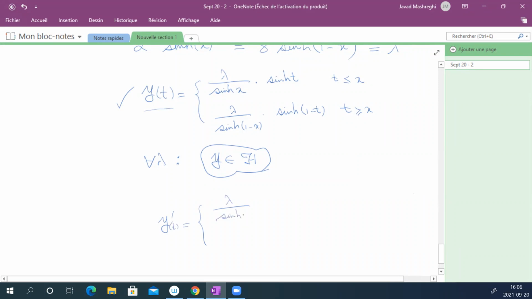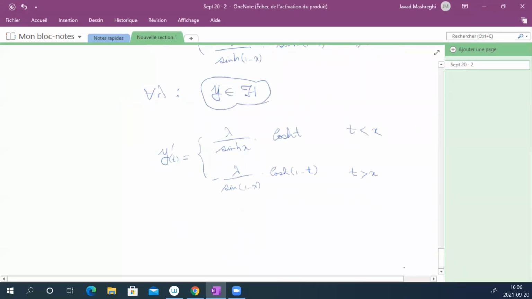Here is sine hyperbolic x, cosine hyperbolic t for t less than x, and for t bigger than x is minus lambda sine hyperbolic 1 minus x cosine hyperbolic 1 minus t. I didn't write less than or equal to x or bigger than or equal to x.